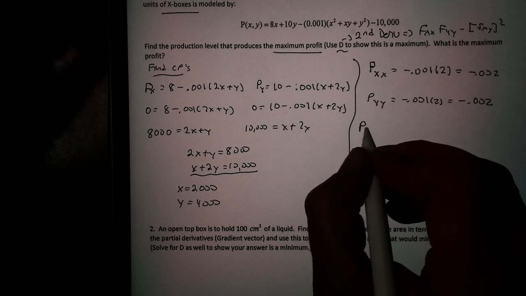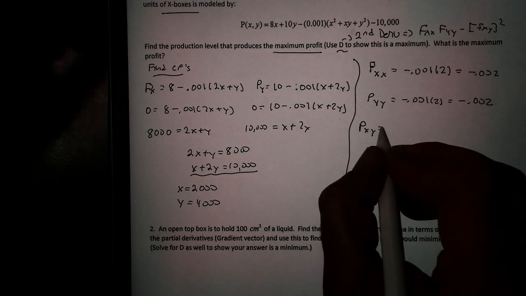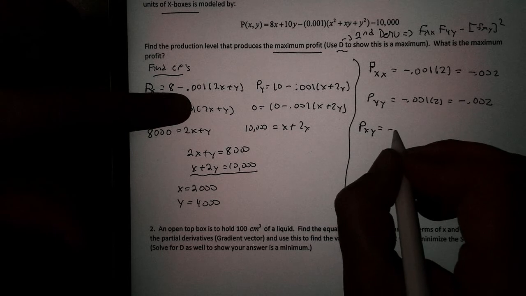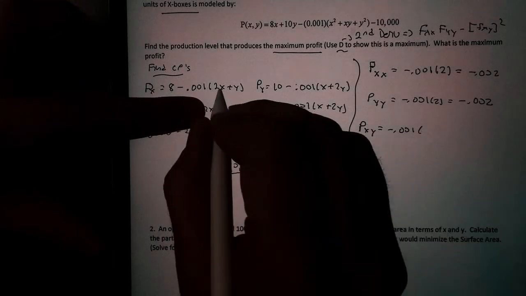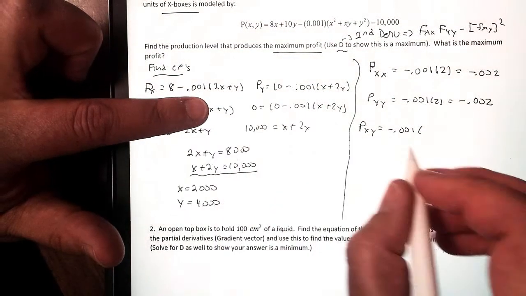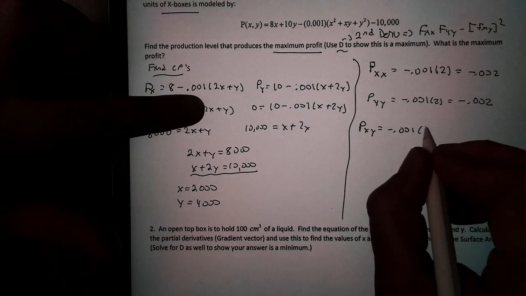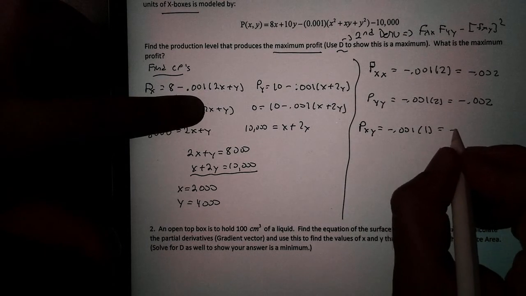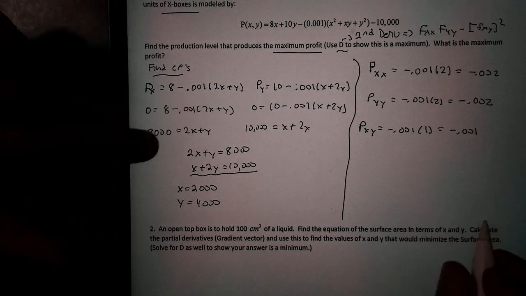We do have to find the mixed partial of x with respect to y, and that becomes negative 0.001 times 1, which is negative 0.001.